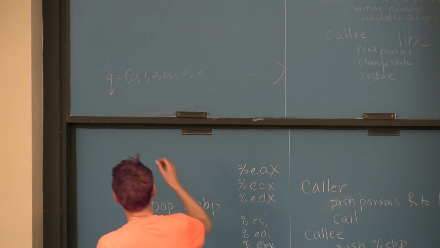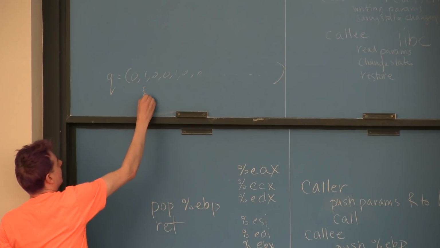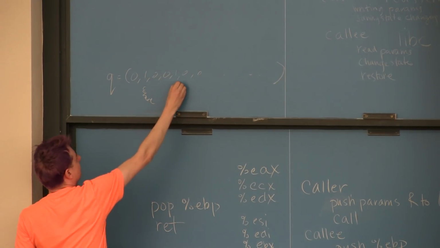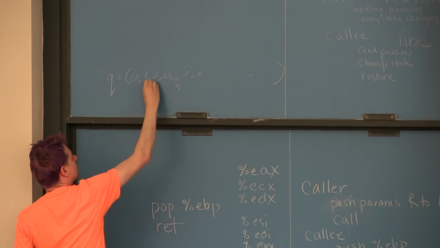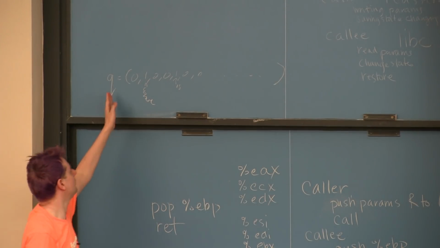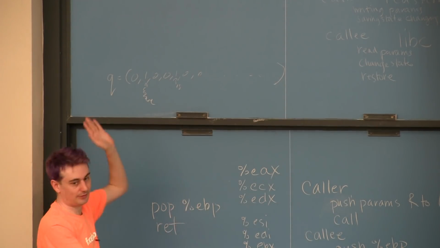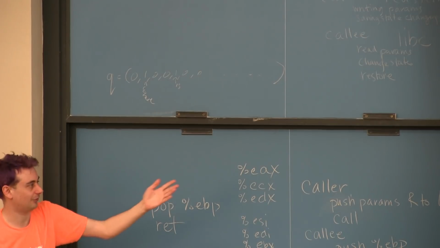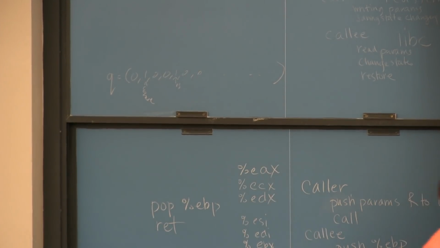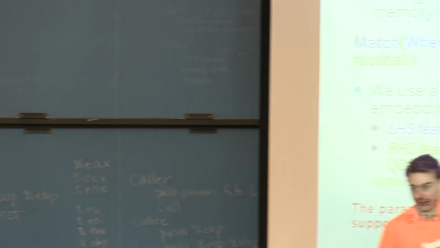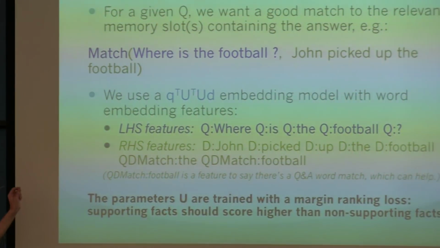Let's say this is the word "where" and this is the word "is", so you're defining a sparse vector with just 5 non-zeros in Q.